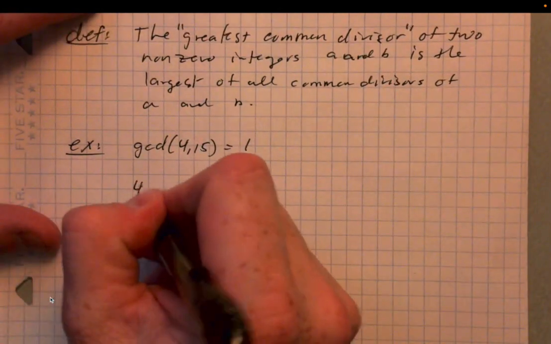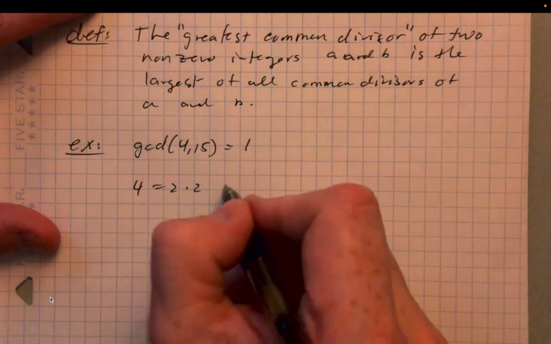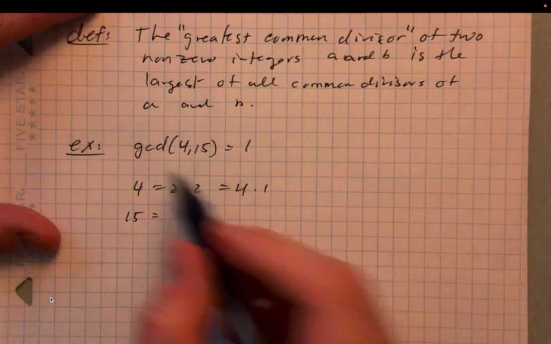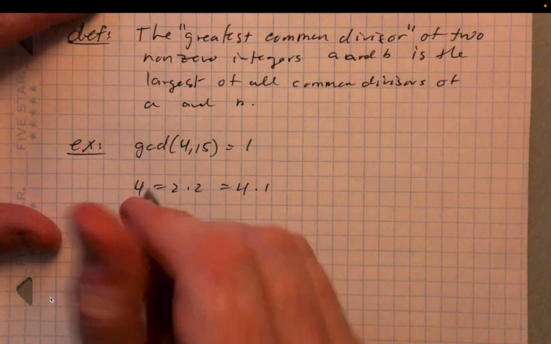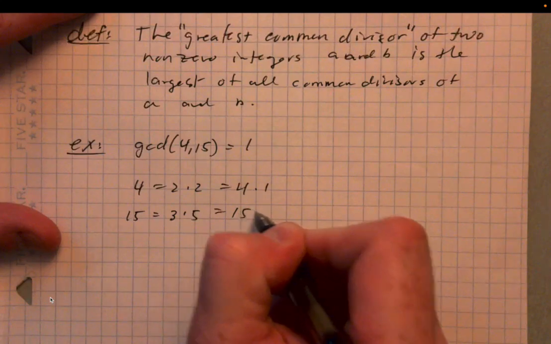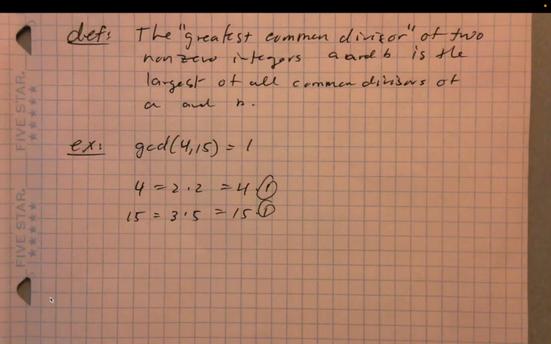You can think about all the divisors of 4. 4 is equal to 2 times 2. It's also equal to 4 times 1. You can think of all the common divisors, the ways to break up 15. That's 3 times 5 and 15 times 1. And the only thing common to both lists is the 1. So that's the greatest common divisor there.